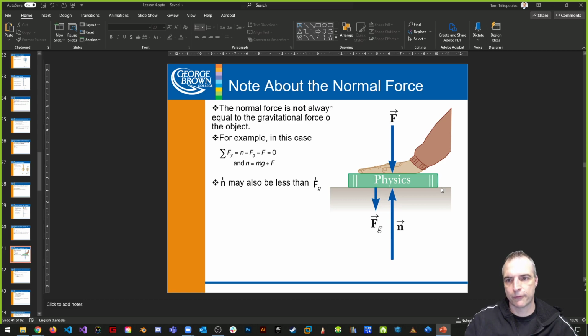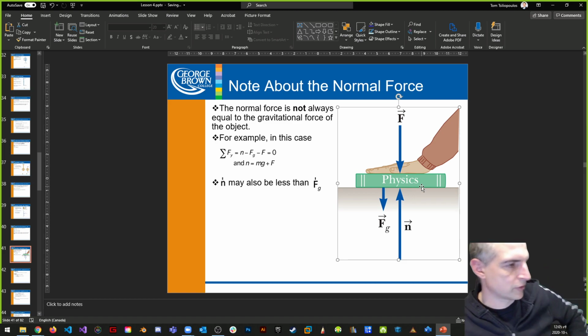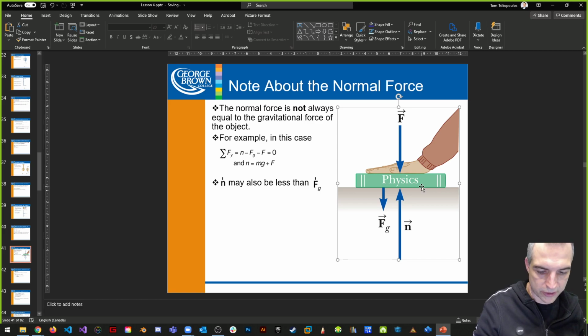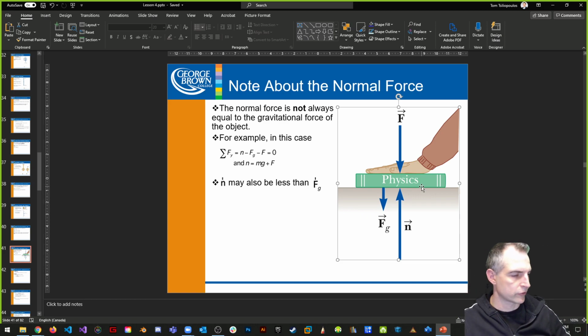A note about normal force. The normal force is not always equal to the gravitational force of the object. For example, in this case, the sum of all forces across the y-axis is in equilibrium, and the normal force is equal to the force of gravity times the mass, the weight basically, plus the force I'm exerting on the book if I'm pressing down. However, if I can't push the book through the surface that is supporting it, we can say that the normal force is at least equal to my combined force pushing down plus the force of gravity acting on the book.